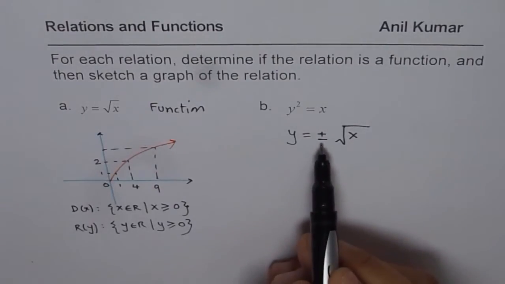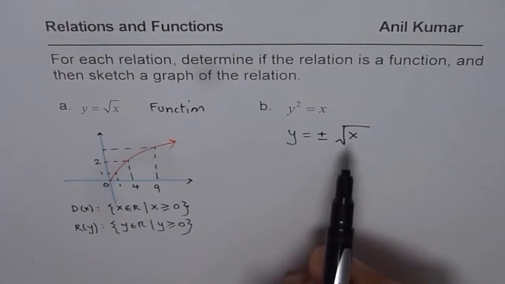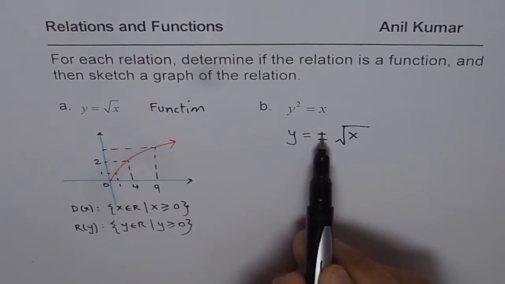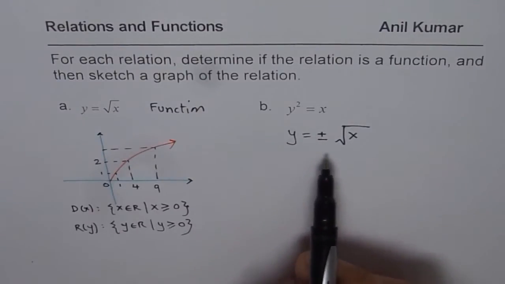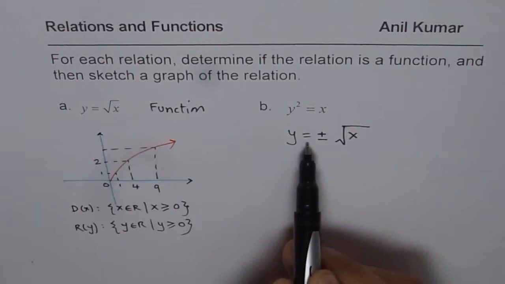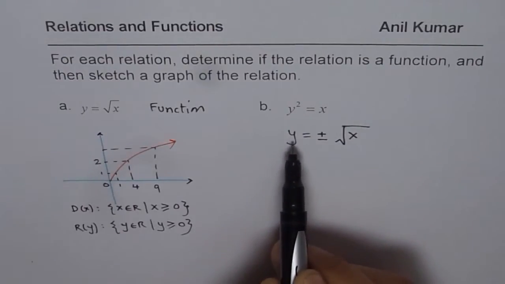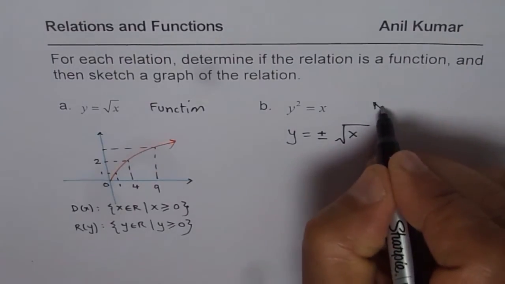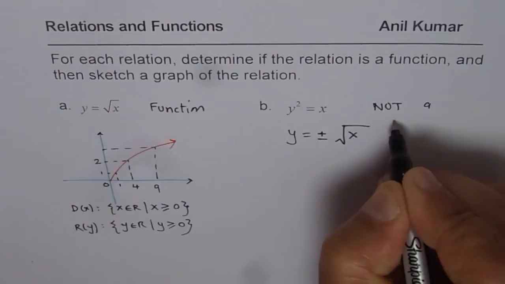Now that means for every permitted value of x, we'll have two possible values of y. Since there is correspondence of every value of x to more than one y value, it is not a function.